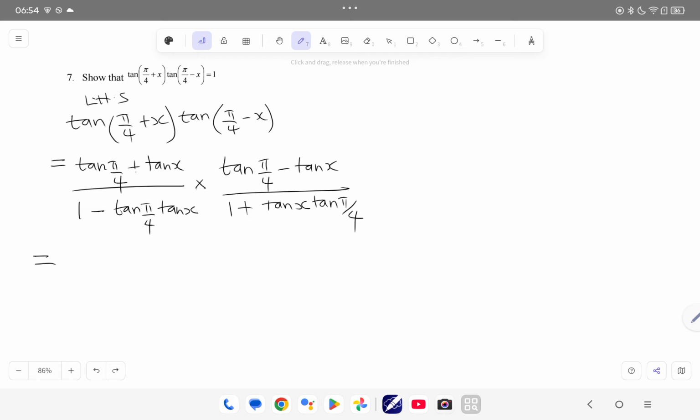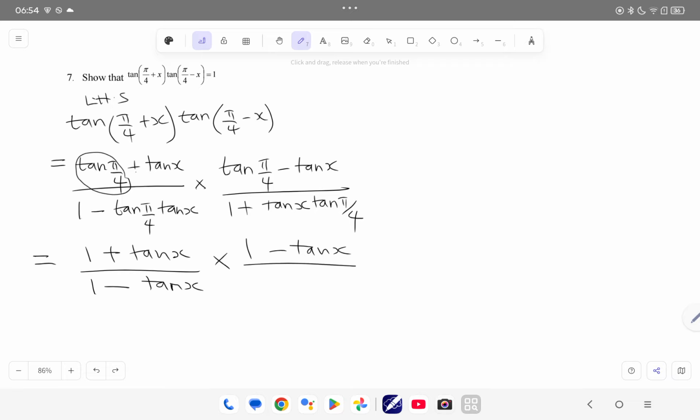Now when you recall from our ratios of common angles, we shall discover that tan 45, tan pi over 4, is 1. So whatever it is, we can now put a 1. 1 plus tan x over 1 minus tan x, times 1 minus tan x over 1 plus tan x, because our tan 45 or tan pi over 4 is a 1.